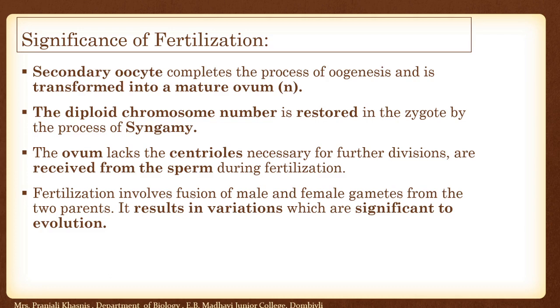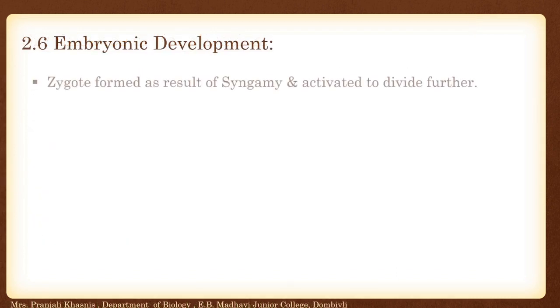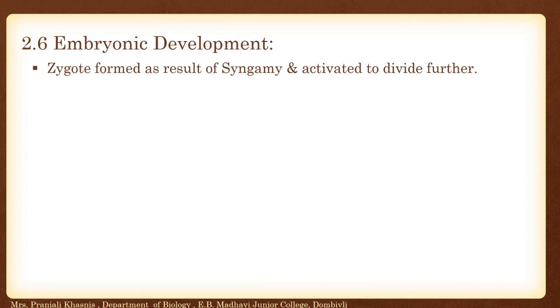Fertilization involves fusion of male and female gametes from the two parents, and it results in variation and new combinations of characters, which are significant for evolution. The sex of the offspring is also determined by syngamy, by the chromosomes present inside the nucleus.